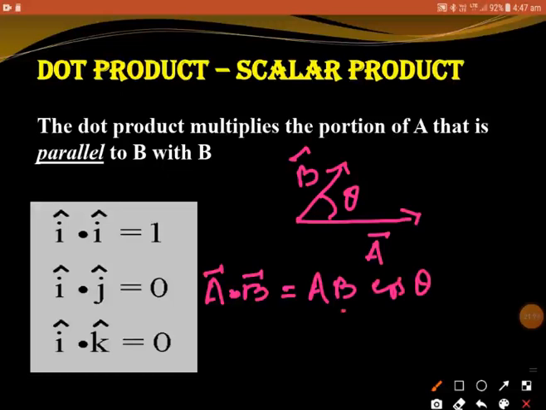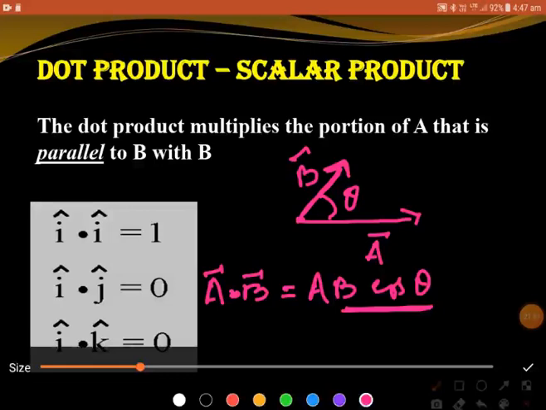Now what is this b cos theta in terms of geometry? If we split the second vector, b vector, into two rectangular components, one along the x-axis and another along the y-axis, then the component along the x-axis, the one having theta, will be b cos theta.